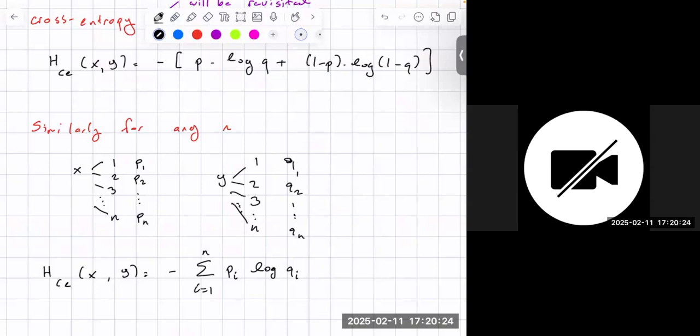For discrete, uniform will be the biggest, and it will be log n if you have n choices. For continuous, Gaussian usually comes up as the biggest entropy. Somehow in the continuous world, Gaussian is the most symmetric, kind of treating everything on equal ground. In the discrete world, every choice is the same, like a dice is the most fair one, turns out.